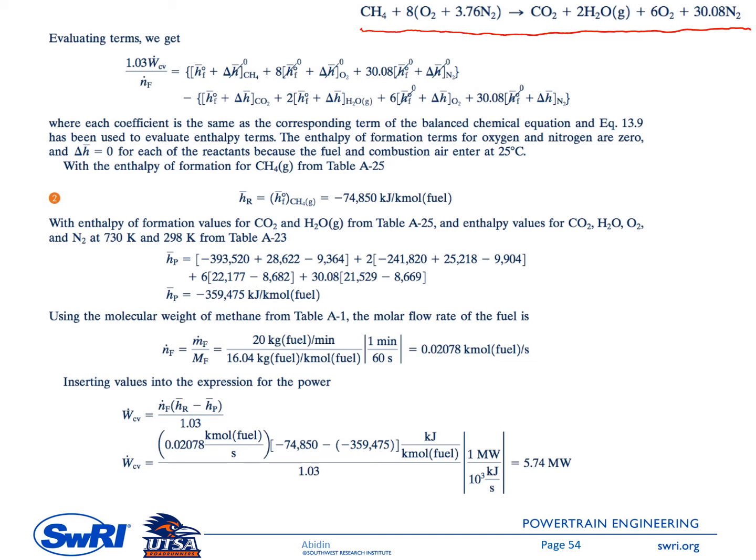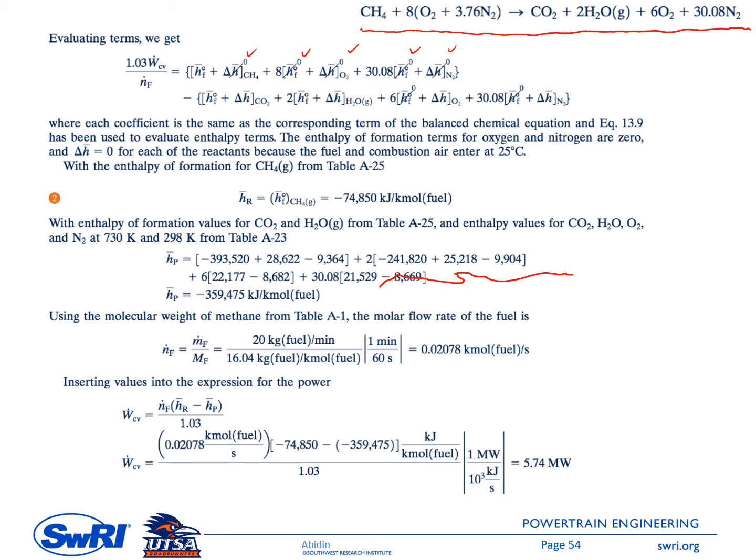Therefore, delta H for methane, and then O2 and N2 for the reactant side equals 0 here. Okay, this is 0. And then the enthalpy of formation for O2 and N2 equals 0 as well, because it is a stable element at reference state. Therefore, this is also 0, and then this is 0.